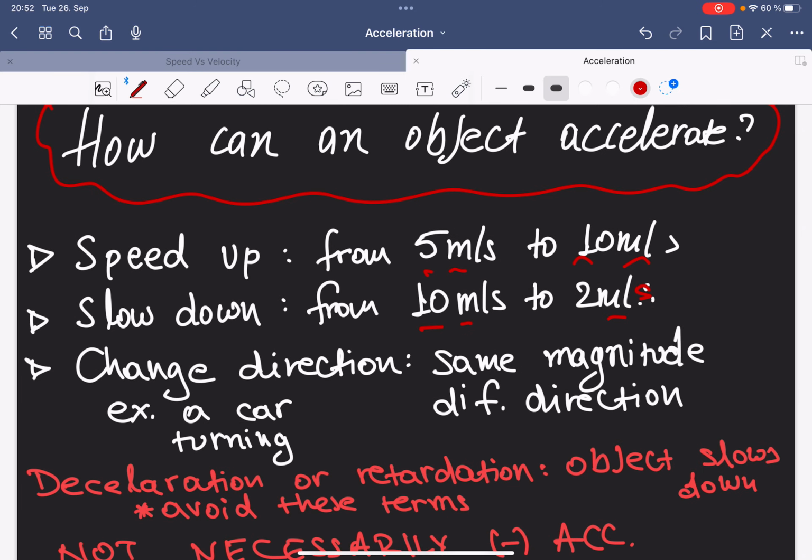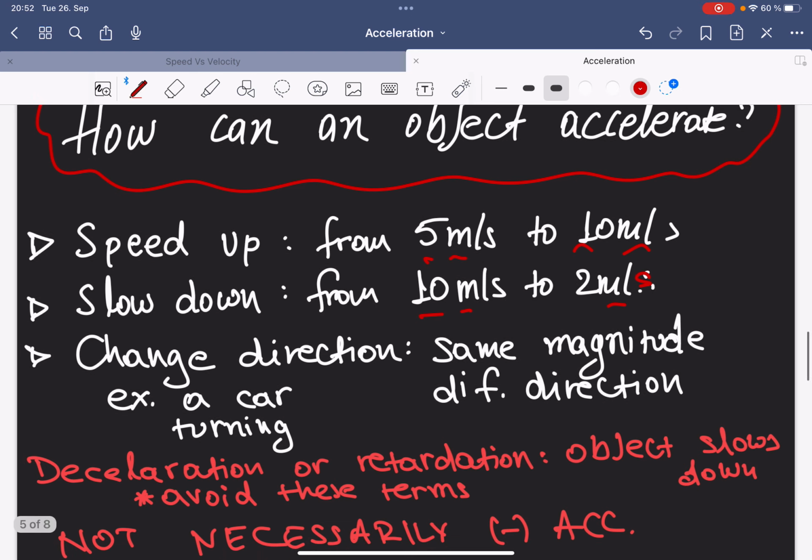You either need to change the magnitude, so the magnitude of velocity, or you can also change direction, and that's the key here, which means if a car is approaching a turn, even though the speed will stay the same as the magnitude, just because the direction is changing, the direction of where the car is moving towards, this creates acceleration, and we'll see next what kind of motion it creates in physics and how we study this, the so-called circular motion.